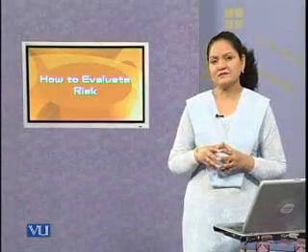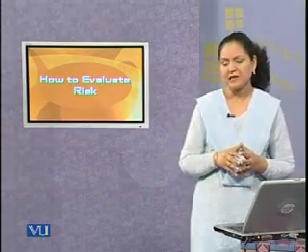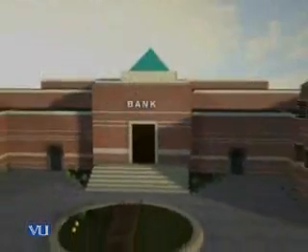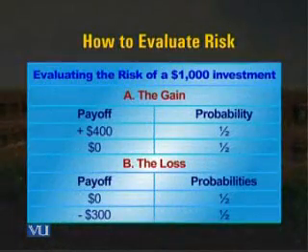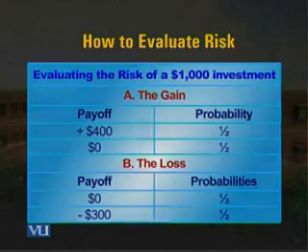Now we have to look at the expected loss and the expected gain. If we look at the expected gain, what do we have here? 400 multiplied by 0.5 plus 0 into 0.5. So we have 200 expected gain. If we look at the expected loss, there we have 0 into 0.5 and then minus 300 into 0.5. So we have minus 150.